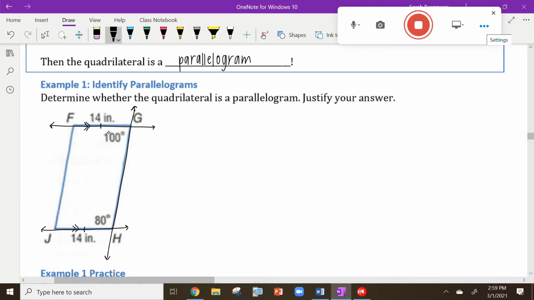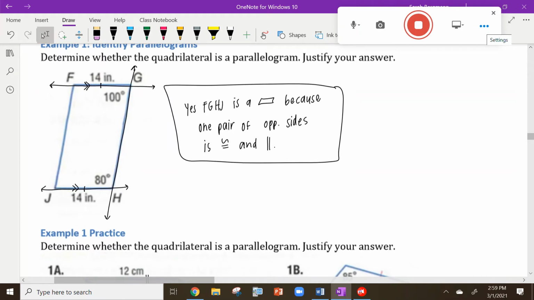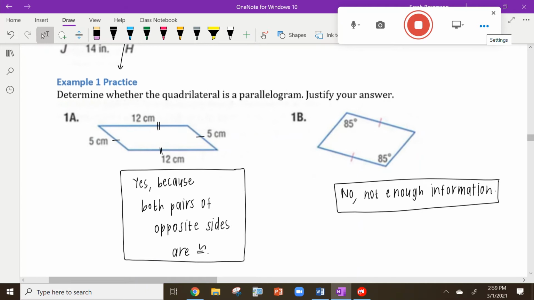So now that I have one pair of opposite sides, both congruent and parallel, I can say yes, FGHJ is a parallelogram because one pair of opposite sides is both congruent and parallel. Feel free to use abbreviations on this. Okay, there are two practice problems for you to try. Here are the correct answers.